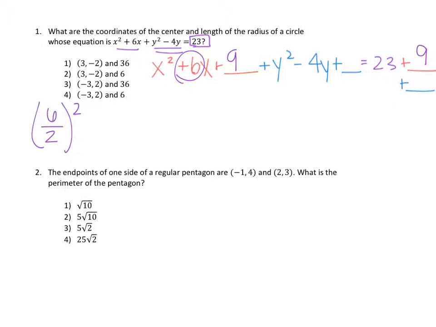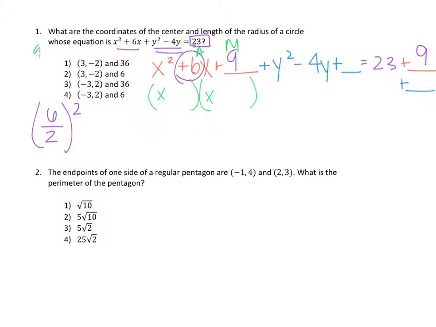From here, we're going to focus again still on the x's, x squared plus 6x, and now we have a plus 9. And now we're going to do something called factor, add, multiply. So we set up two pairs of parentheses, x in the first spot of both, and then we find two numbers that add to 6 and multiply to 9.